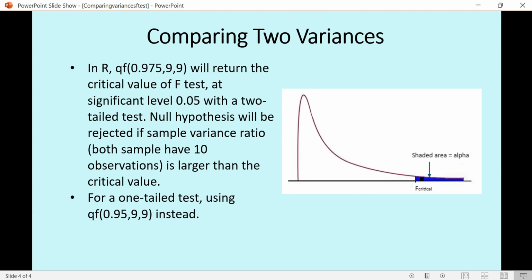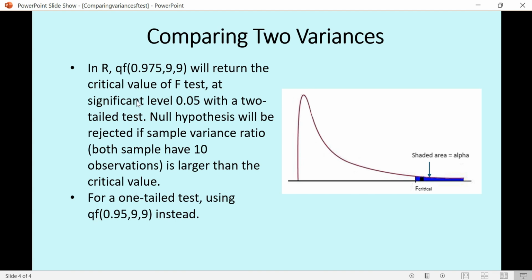but we are not so confident that it is significantly larger, this is called a one-tailed test, because we know one could be larger than the other. For example, in the one-tailed test, we can use qf 0.95, because we only test 0.05 probability on the right side, so the left side is 0.95.